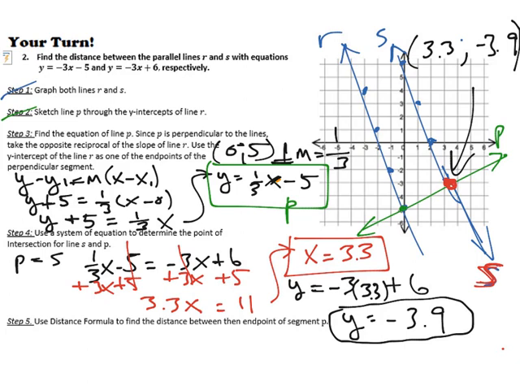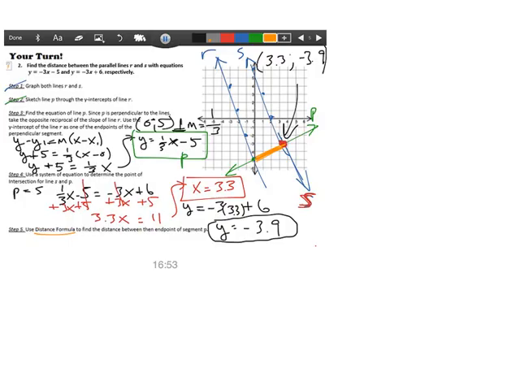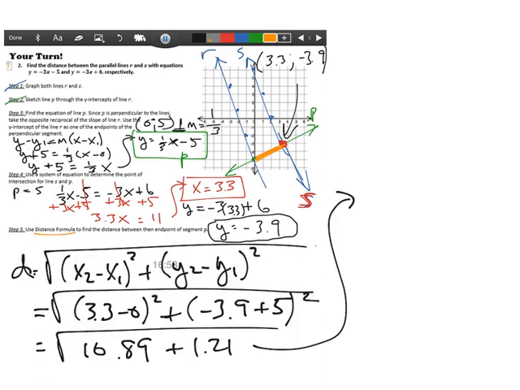And last, we're going to use the distance formula to determine the distance in this orange. We use it to find the distance between the two parallel lines, which would be this segment right there. I've substituted in values and I'm now just simplifying.